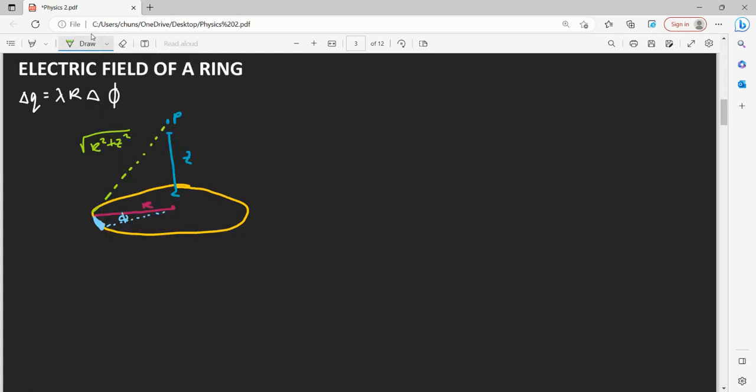So our electric field, similar to our previous question, is going to need a change in Q over our separation squared. And what angle do we need to add to it?